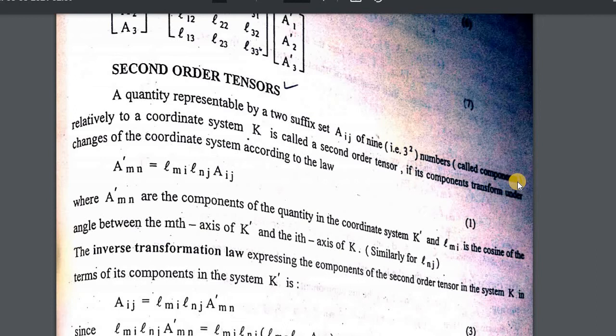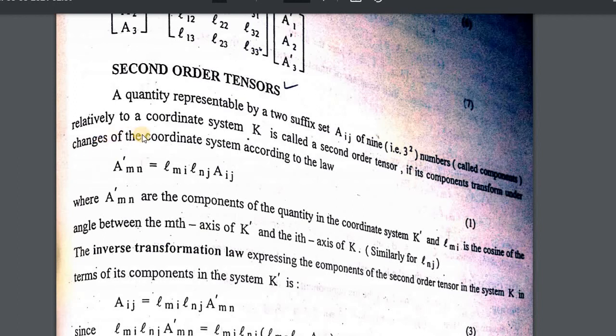So there are 9 components relative to the coordinate system K, and it is called a second order tensor if its components change under a change of the coordinate system according to the law. This is the law we applied in our previous section.